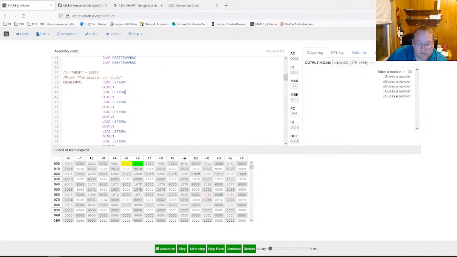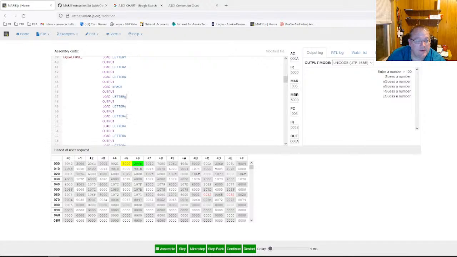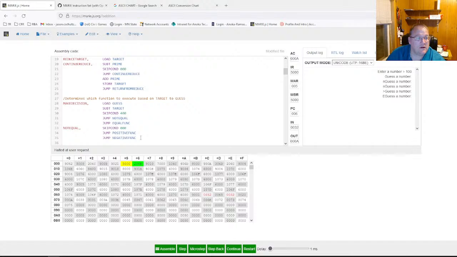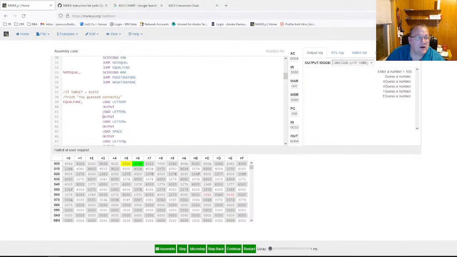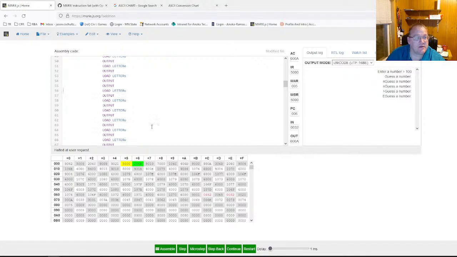All right, so this is space G U E S, and then I can delete this because I don't need to load it twice. S S, and then space, no, that was a mistake.